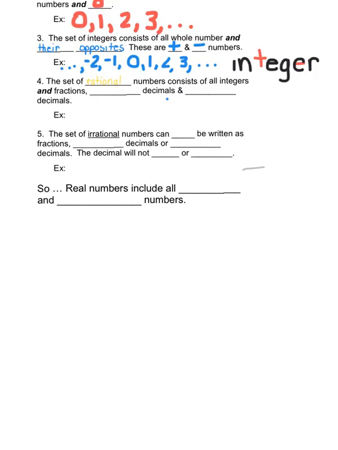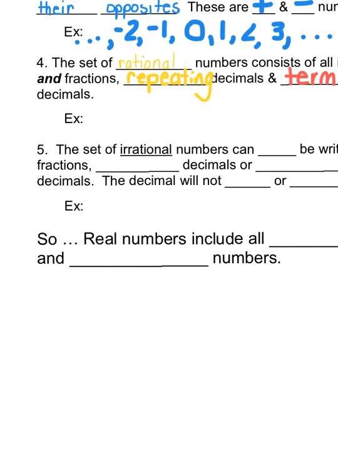The set of rational numbers consists of all integers, fractions, repeating decimals, and terminating decimals. Let's review those terms. A repeating decimal is a decimal that goes on and on forever and does not stop repeating itself.